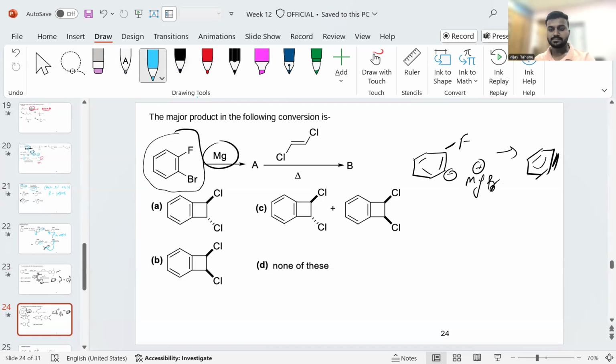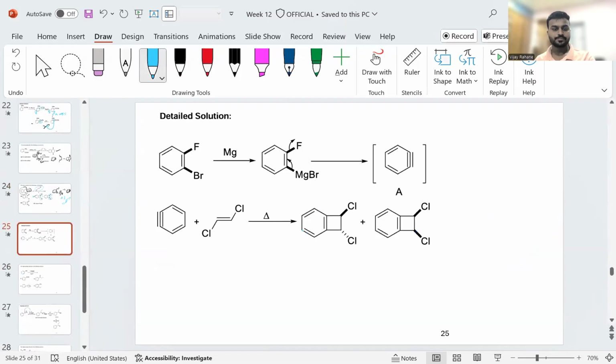This benzyne intermediate forms, which then reacts with this transchloro compound. Under thermal conditions, this is a 2 plus 2 cycloaddition reaction. So it gives a mixture of products. Option C is the correct option here. It gives both the syn and the anti dichloro substituted compound.